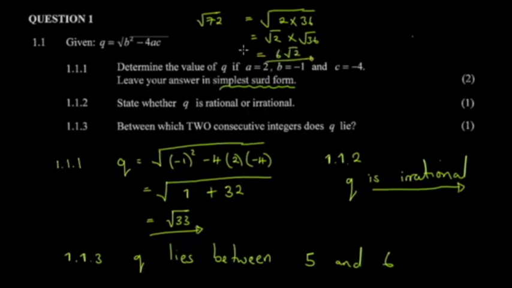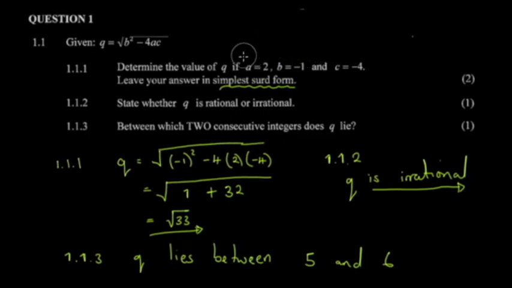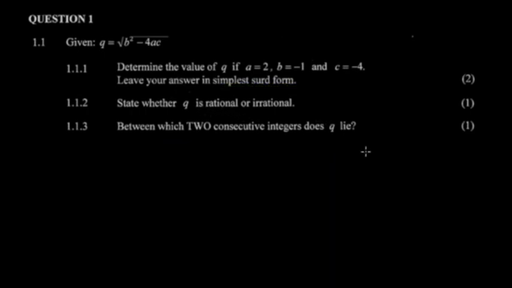This would be the simplest surd form for square root of 72. Okay, but it was unnecessary, it was redundant for our case, because we had square root of 33. I'll also make another video to tell you why we cannot break down 33 in the form that we talked about. But for now, let's move over to the next question.